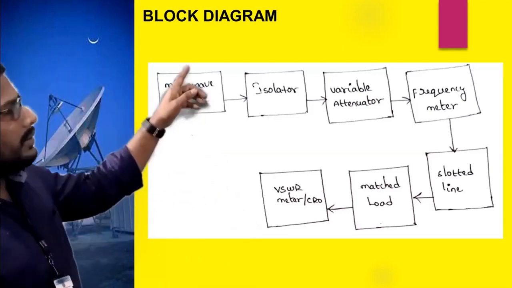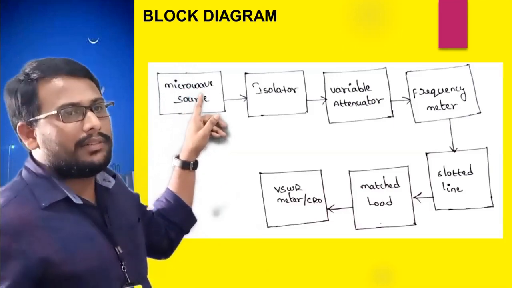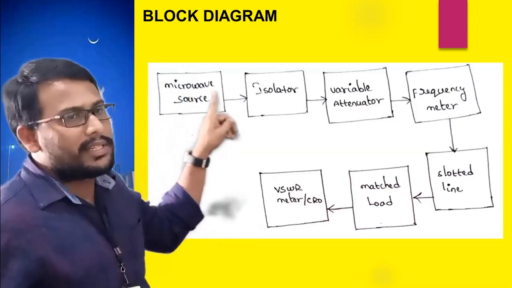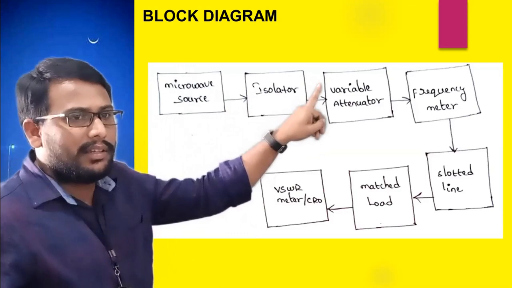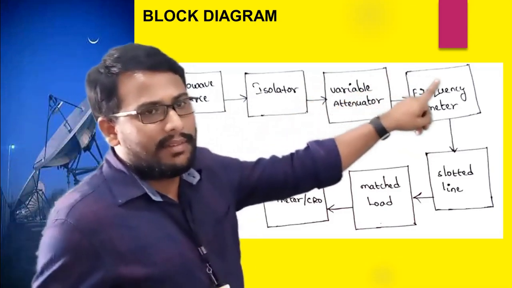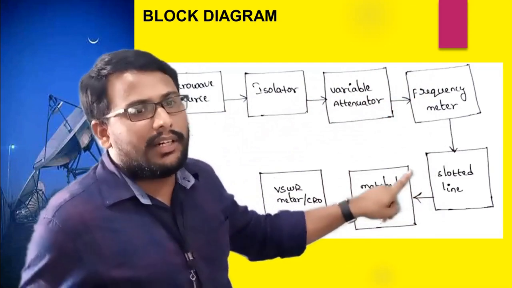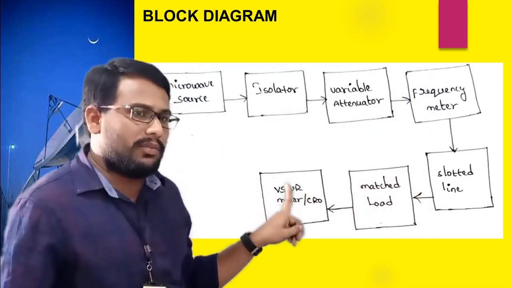The first block is the microwave test bench. The microwave source is connected to the isolator, the isolator to the variable attenuator, the variable attenuator to the frequency meter, then to the slotted line, to the matched load, to the VSWR meter or CRO.